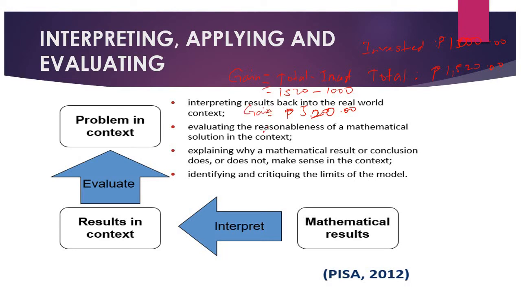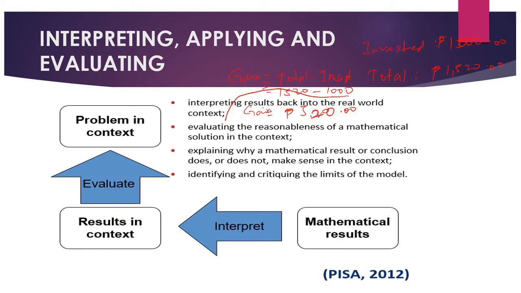Now, what does it mean? Ano yung i-interpret mo? Anong ibig sabihin ng 520 pesos? Okay, you can write your interpretation in a paragraph form or maybe just a one-sentence paragraph. Pwede na siya. Based on the mathematical result, we can say that if you invested 1,000 pesos and the total amount you earned after the investment is 1,520, therefore your gain is 520.